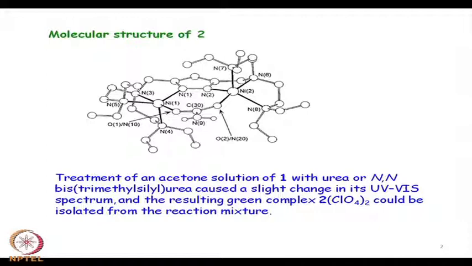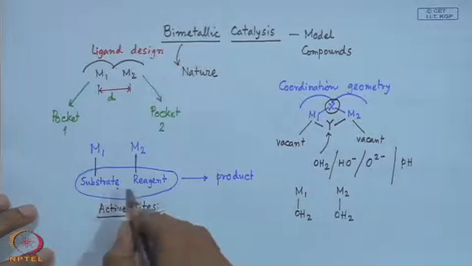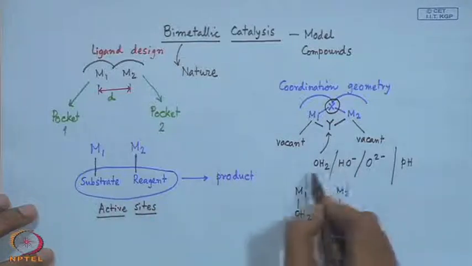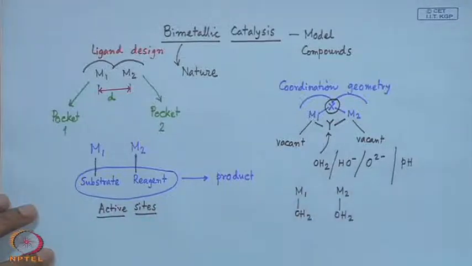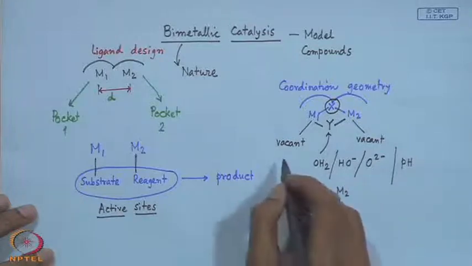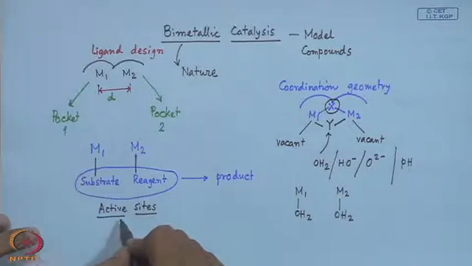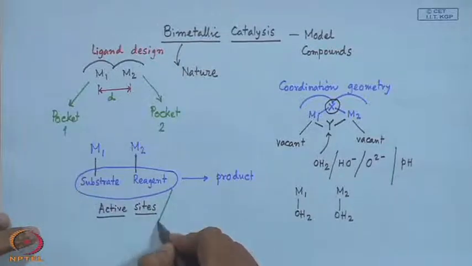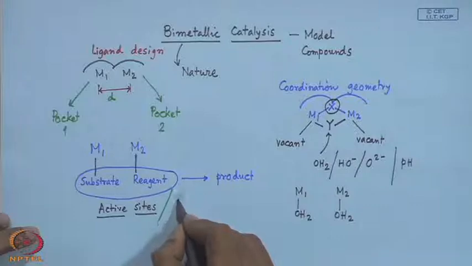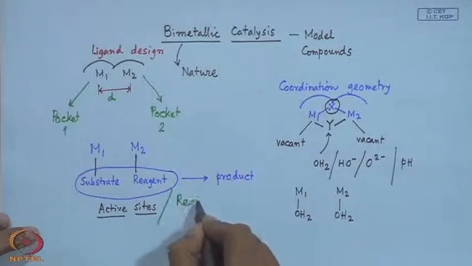These are basically what we call the active sites. So, whether your active site is vacant or they are binding to water molecule or they are utilizing some other donor groups, because the availability of these active sites is very much important for the reactivity of the enzymatic site.